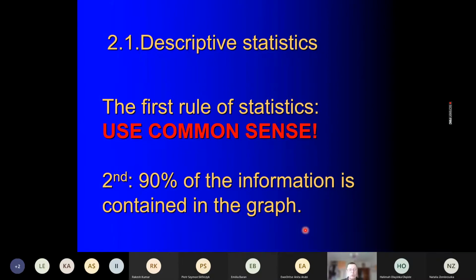Then when we talk about any kind of descriptive statistical analysis, the first rule, again not my rule, I take it from various resources, is that we have to use common sense about whether such analysis makes sense, whether such a calculation makes sense.